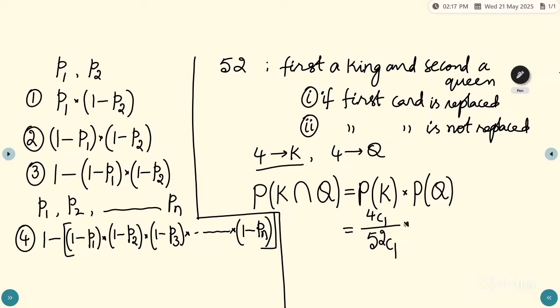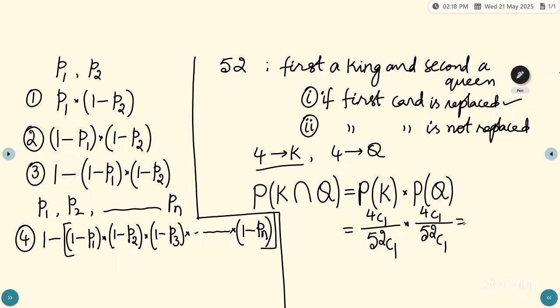And multiplication. Again, in case of the first, if the first card is replaced, out of 52, take out, take replaced. How many cards are available? 52. Again, one chosen out of 52. How many queens are there? 4. Out of 4, choose 1.